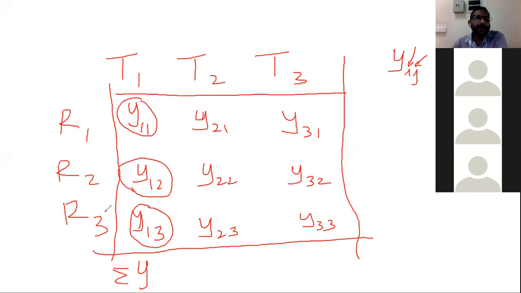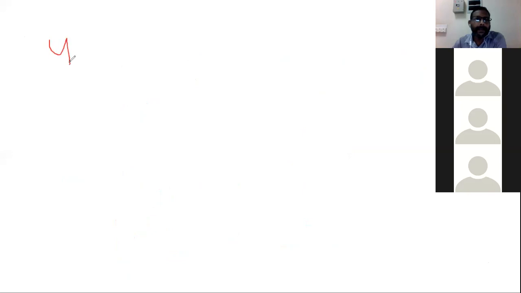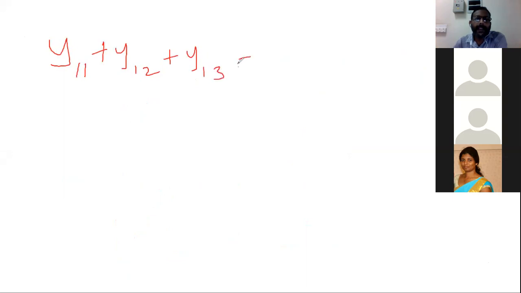So in other terms, I will use another piece of paper. For example, Y11 plus Y12 plus Y13. We can write this as summation Y. Can somebody say what this is? 1 dot.